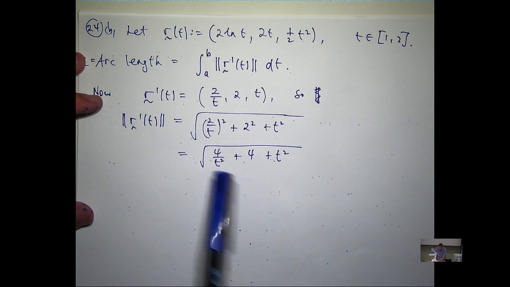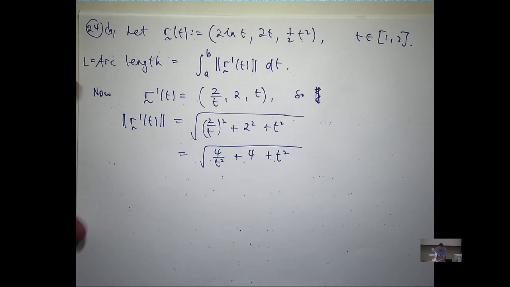Can anybody see how we can simplify what's in the square root sign? Sorry? Oh, that's not bad. Even simple. Well, I guess you're looking to factorise, right? Yeah, so it's exactly right.